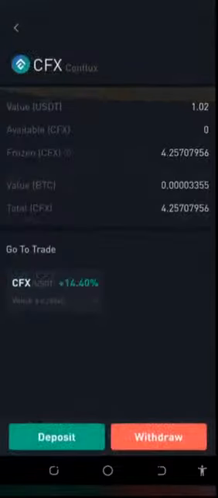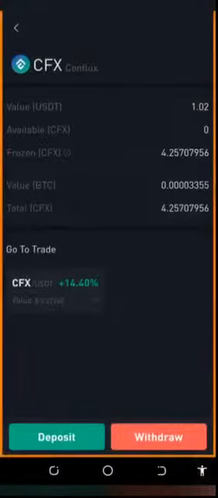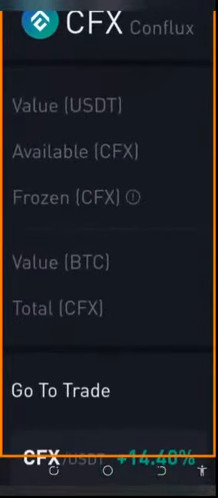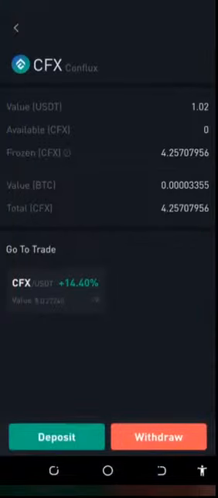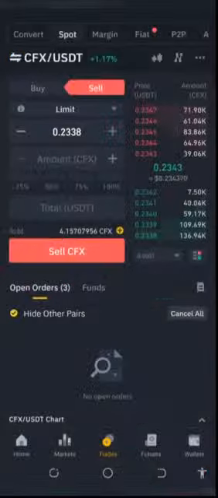Let's see. Okay. See what it says? Frozen. That means it's on its way out. Okay, let's just hold on and let's see. We'll see it on the other side when it arrives in Binance. And then we'll change it back eventually to see what the value of our $1 became. Okay, see you shortly. Okay, it has arrived.